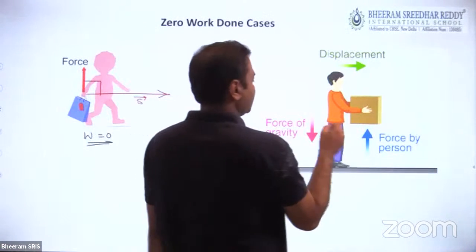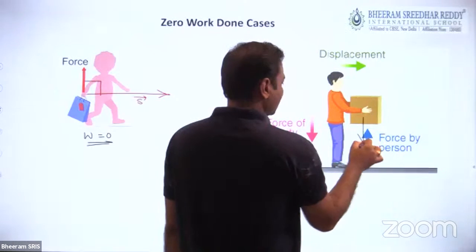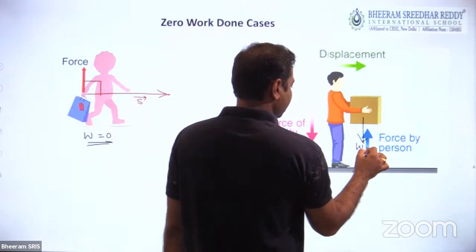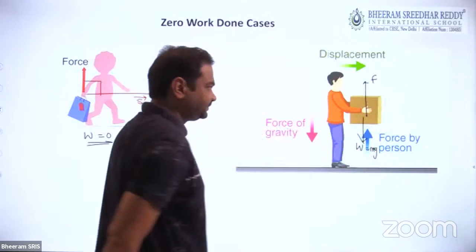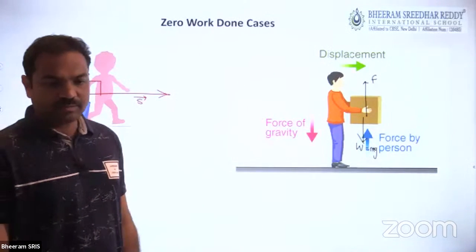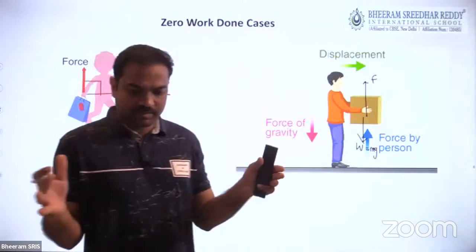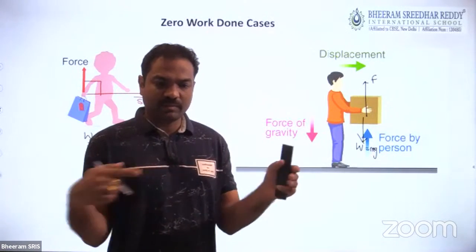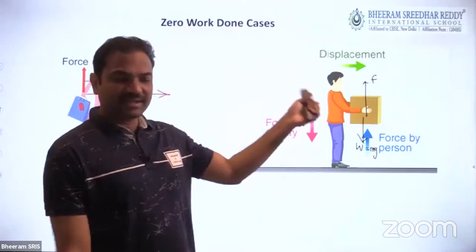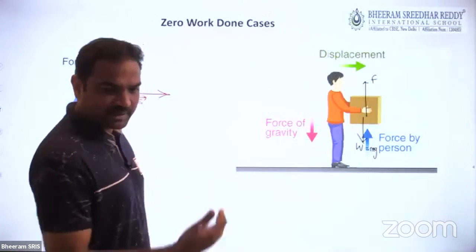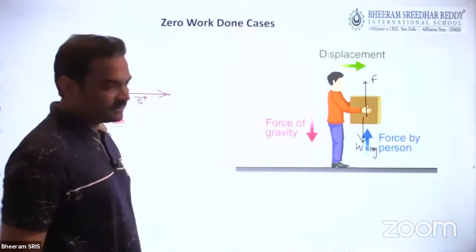So here gravitation force is acting downward. Box weight mg will act downward, and person is applying the force upward, let us say. Actually person won't apply the force upward, person will apply the force horizontally, normal reaction, friction will act upward. But we are saying that person is applying the force upward because ultimately he has to apply it.